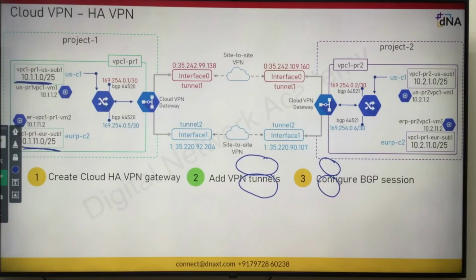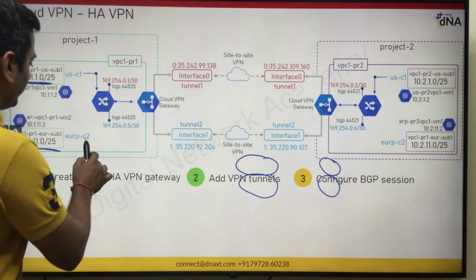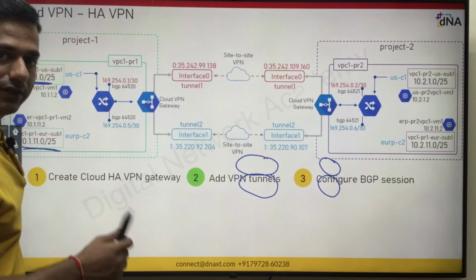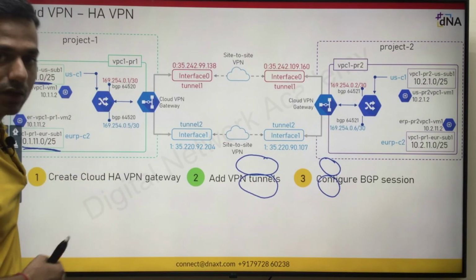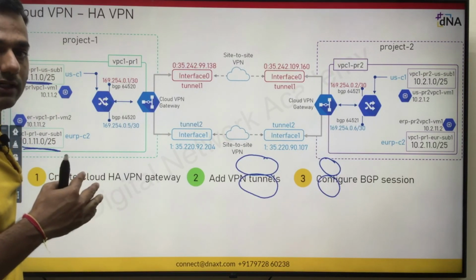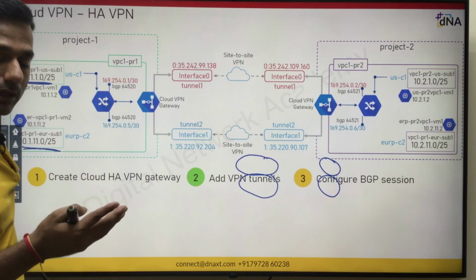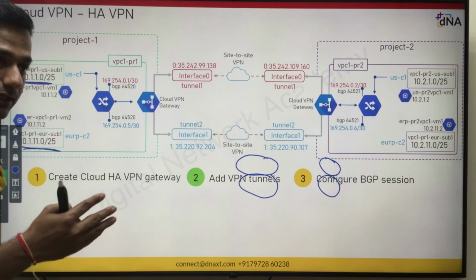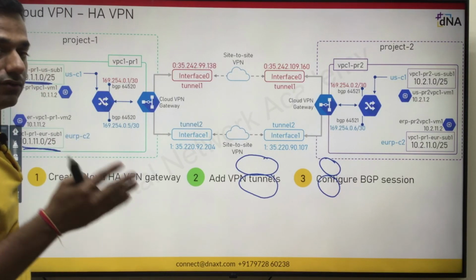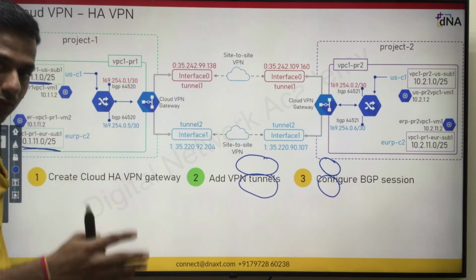Why? If you have an HA VPN between Europe and Europe, it will first prefer the regional route, and then it will prefer the routes coming from the BGP peer. That is the reason that by default the priority for other regions is set to 424.